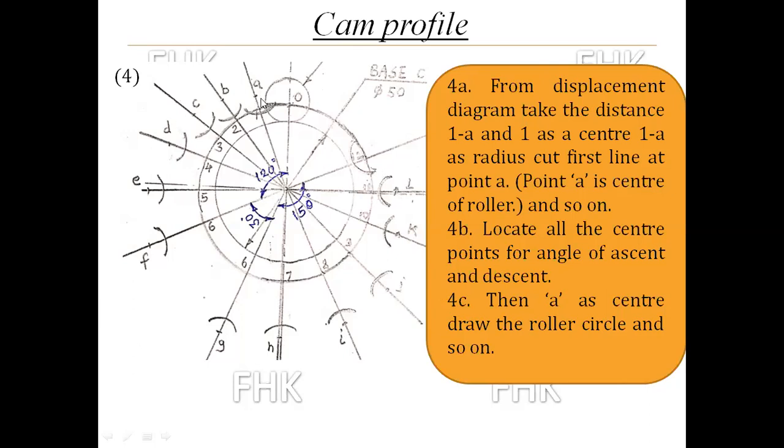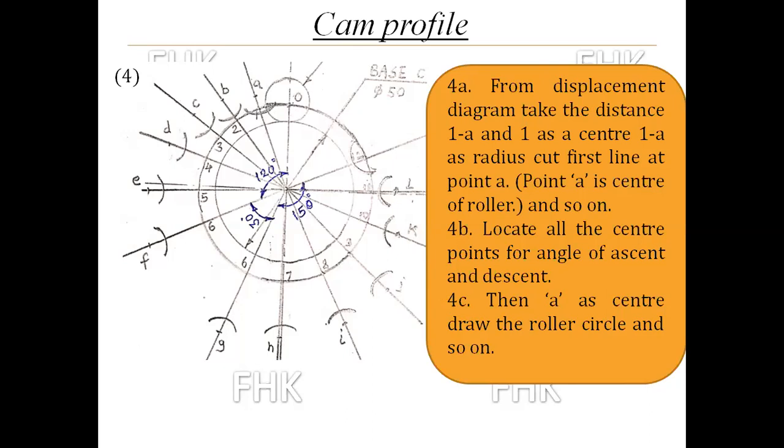And through that point, A point, draw the roller. How to draw the roller? This distance is given as 7.5. That 7.5 does not change every time because the diameter of the roller is a constant parameter, so your distance in the compass will remain constant.